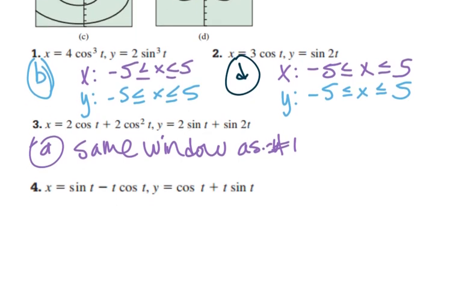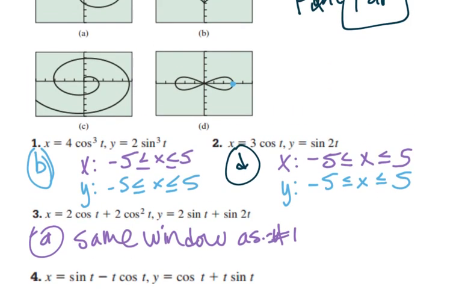Alright, and then the last one, go back to y equals, type in sine of t minus t cosine t, and then y is going to equal cosine of t plus t sine t. So again, just typing that into the y equals, hitting the graph button, keeping it as a window of -5 to 5.